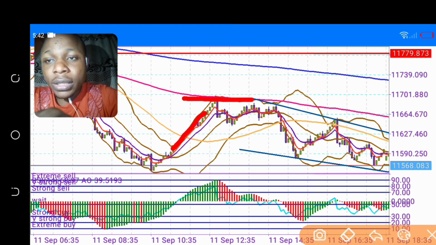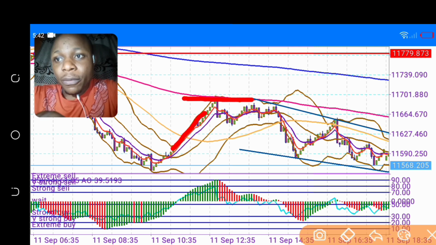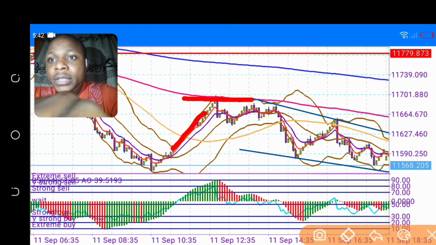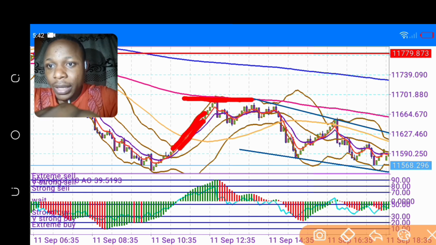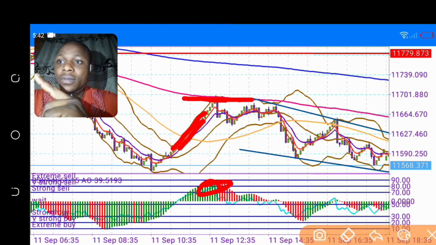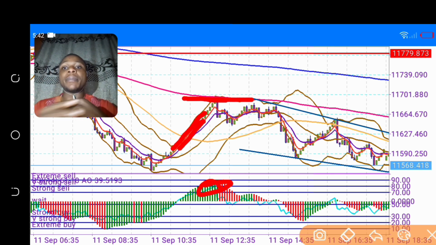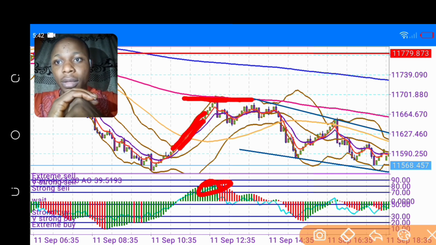Now it is touching EMA 200 here, which is likely to spike if it's touching any moving average. You are expecting a pullback from here also, and the indicator is telling you very strong sell. So those are three confirmations to sell and to make that spike.